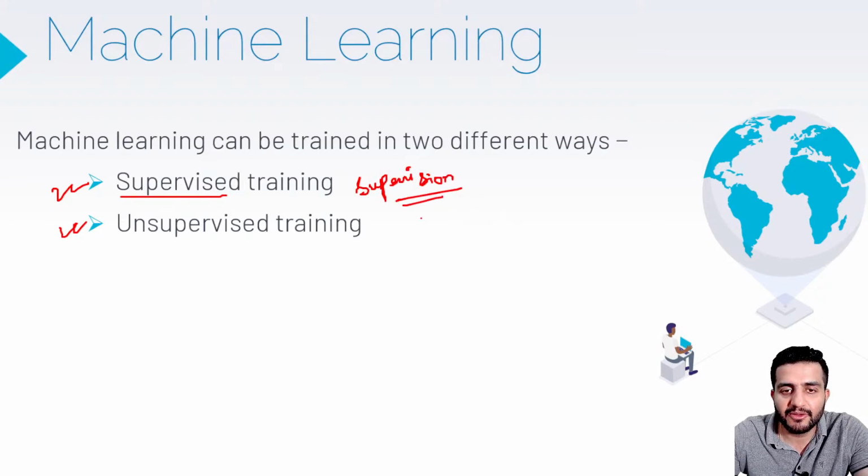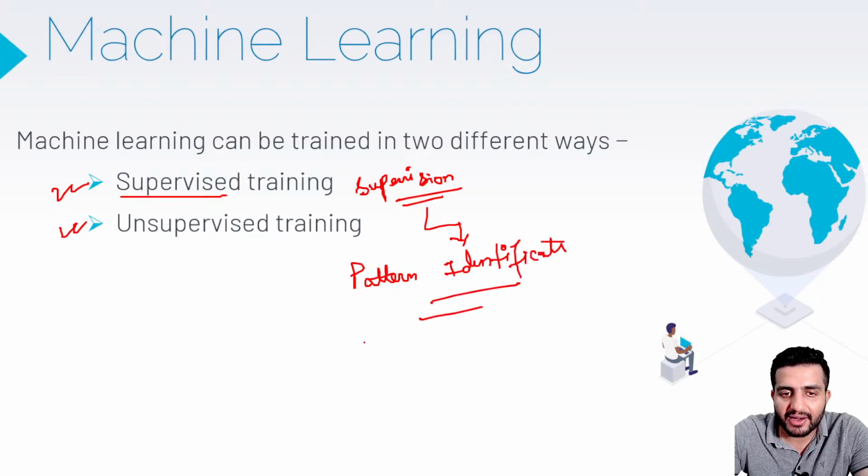And by supervision, we mean that when we are trying to do a pattern identification, at the time of pattern identification, we are trying to identify the relationship between my individual symptoms, like what we say feature set, with the target, which is my disease.